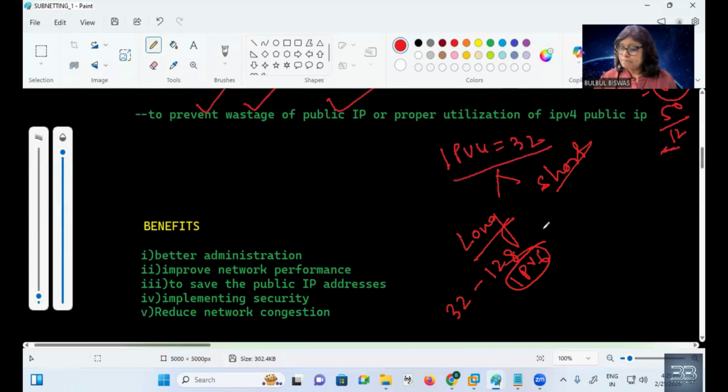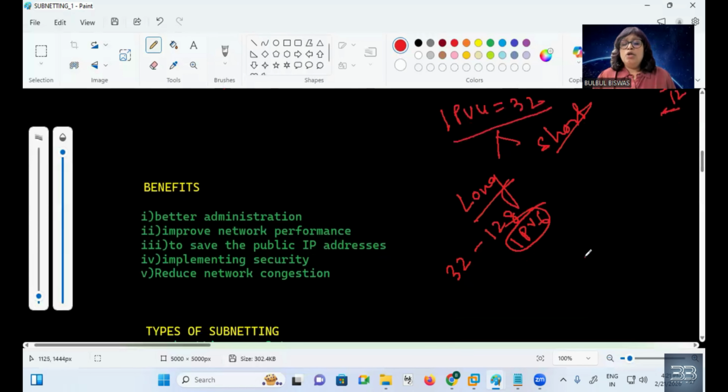Am I clear? Because bringing IPv6 into the picture took lots of time. But during this period, how to manage the IP addresses? That means we had to think about some technologies through which we can manage with the IPv4 addresses.